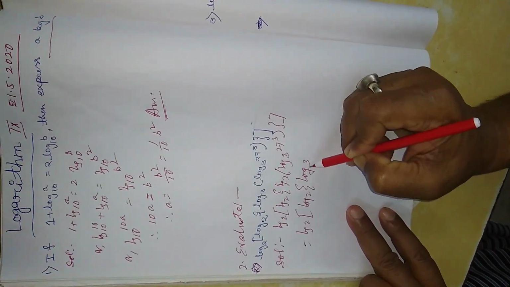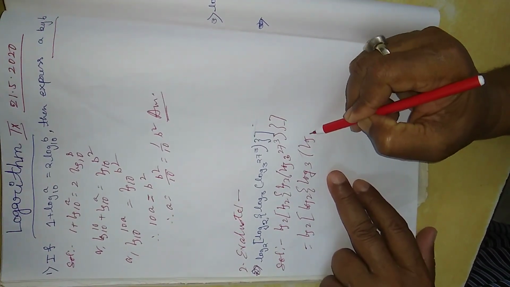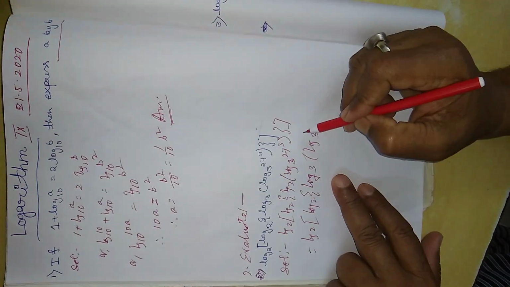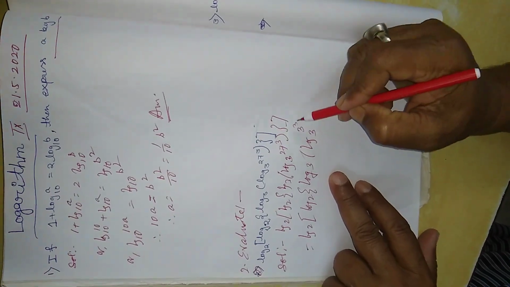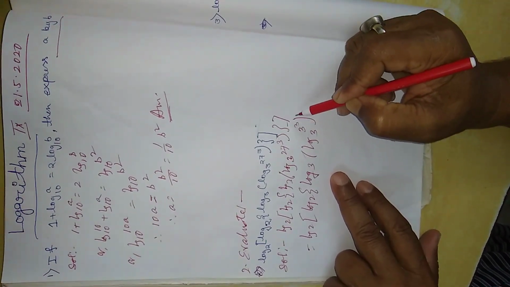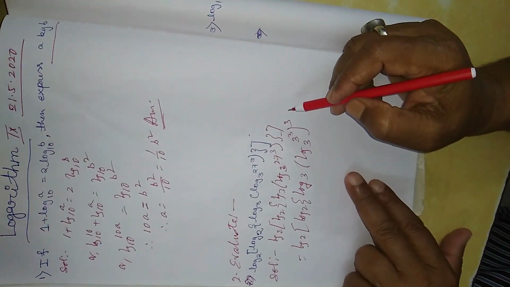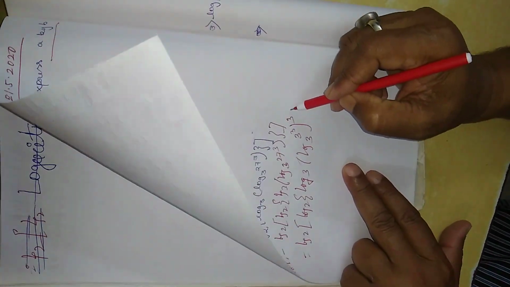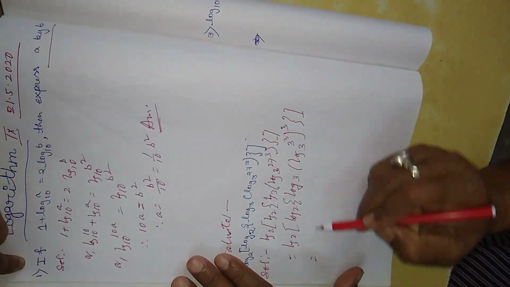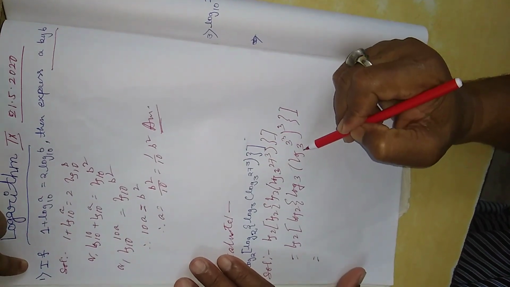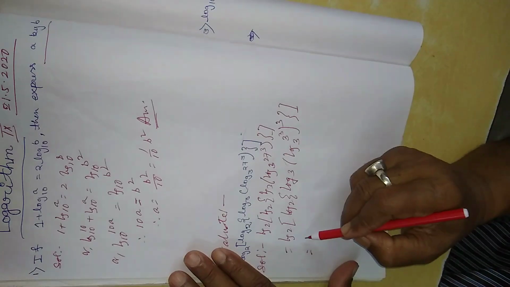Look at here, log 3 to the base 27 cube, that is, you can write 3 cube 27 and this cube. Second bracket, third bracket. Here 3 into 3 is 9, and log 3 to the base 3 equals 1, so you can write here log 3 to the base 9.